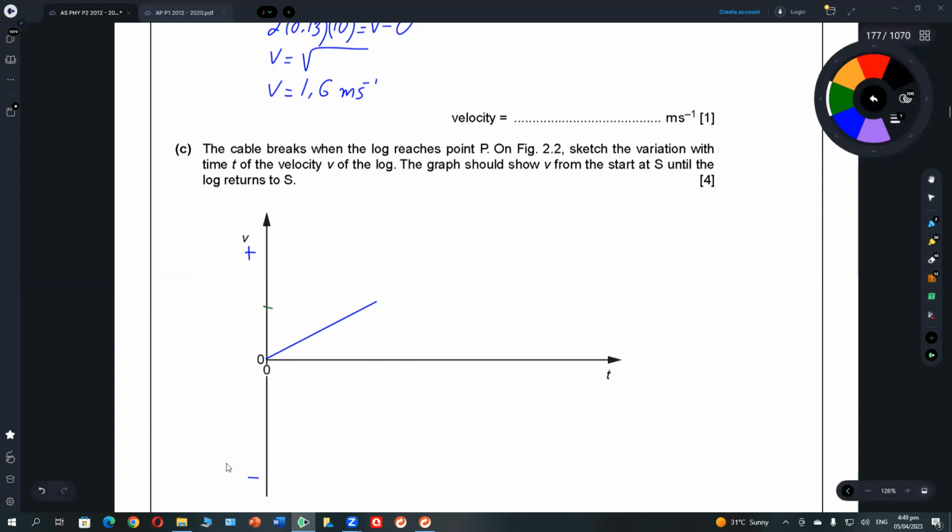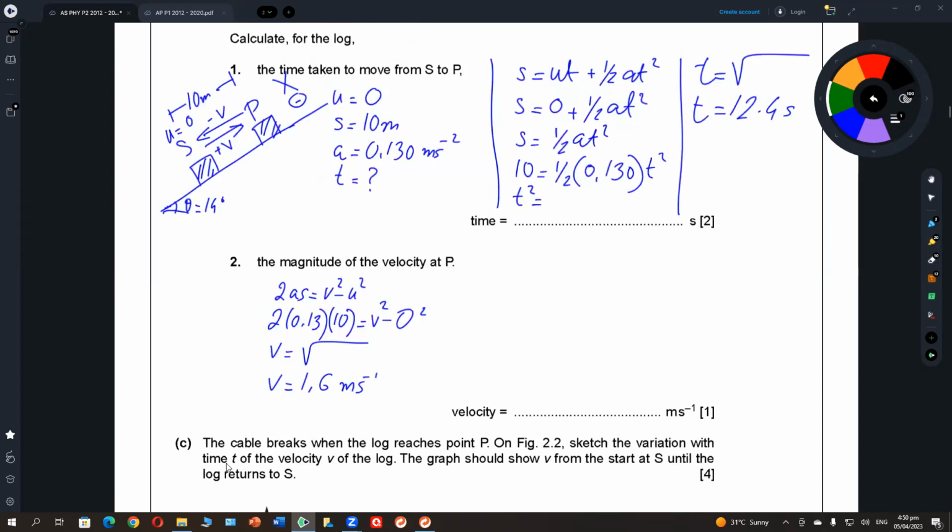It should be 1.6. Now the object, what will it do after that? Should I come down or should I go forward with decreasing velocity? Yes, with decreasing velocity, it will go forward. So I have reached point P. After P, the string breaks.